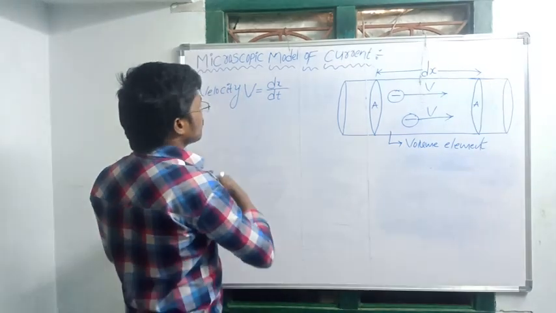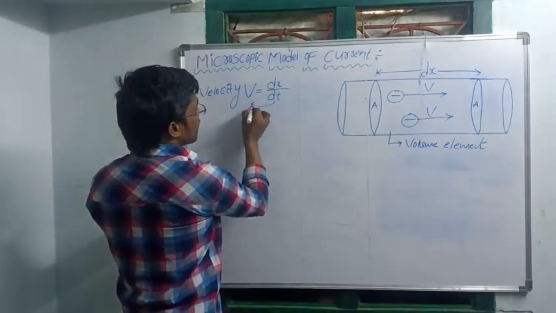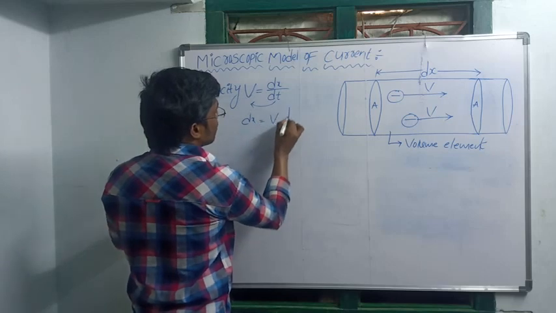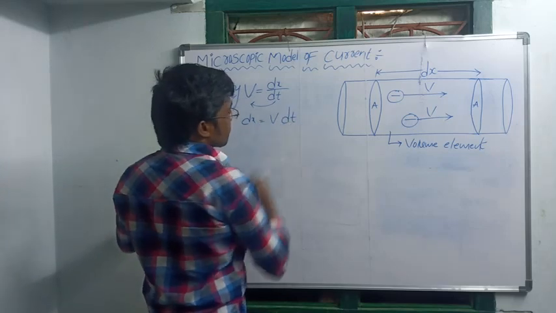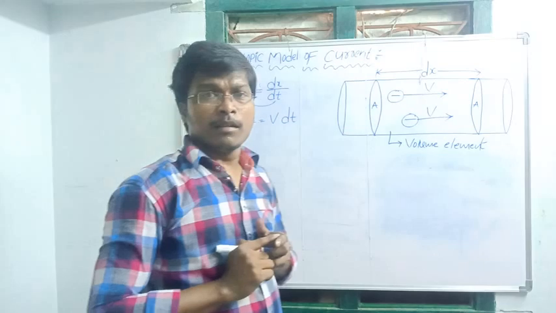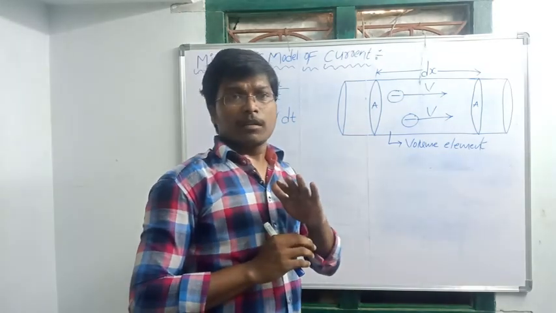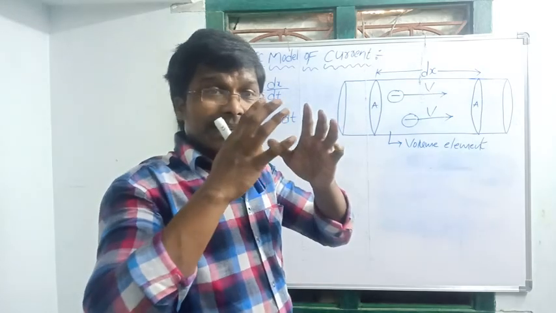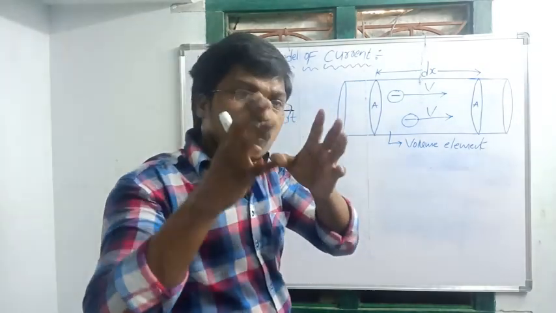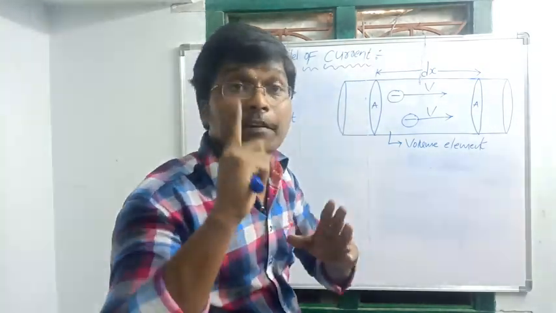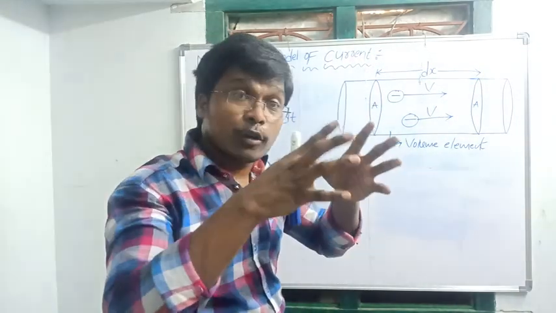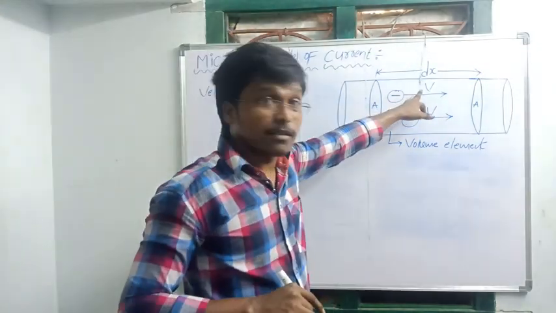So after that I am sending this dt to this side. Now dx is equal to v dt. But I told you yesterday already, inside the conductor all the electrons have drift velocity, correct?